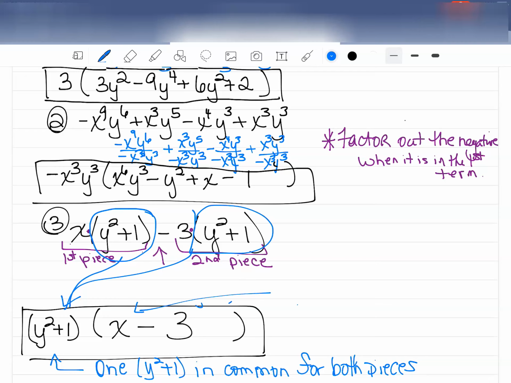What I have written here in the second parentheses, that's the what's left. And there's our greatest common factor. And factoring out the greatest common factor.